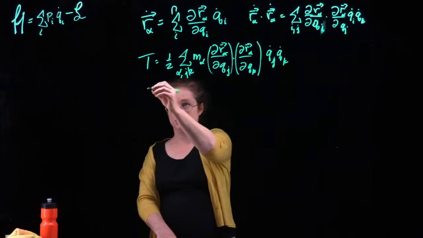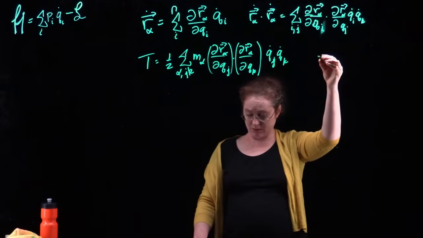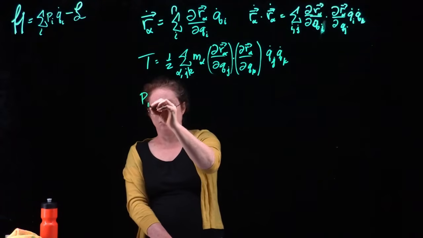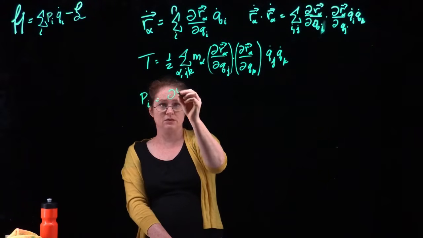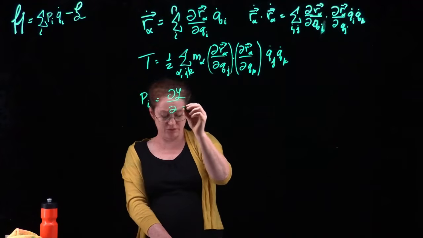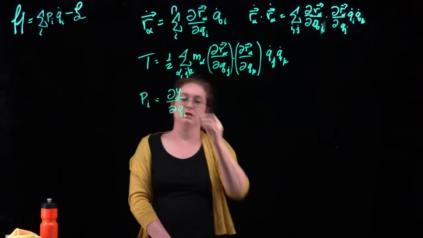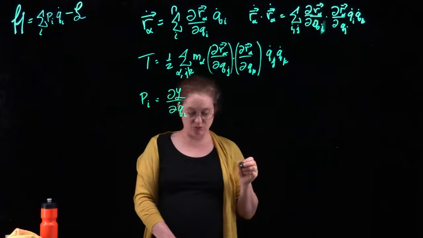Now, the momentum in the system is the generalized momentum. So the ith momentum is the derivative of the Lagrangian with respect to qi dot.